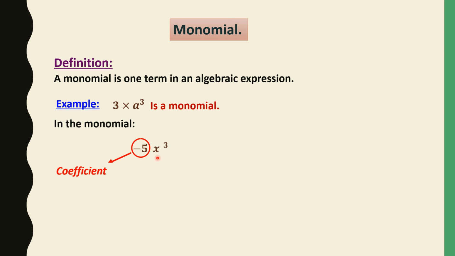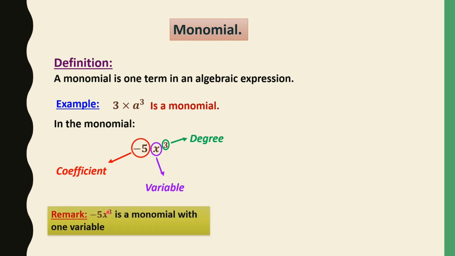Now, the letter, here we have only one letter, the x, we call it variable. This monomial has one variable, that is x. The exponent 3 is the degree of the variable x. So here we have a monomial with coefficient negative 5 with one variable x. Instead of writing x times x times x, we wrote x exponent 3.